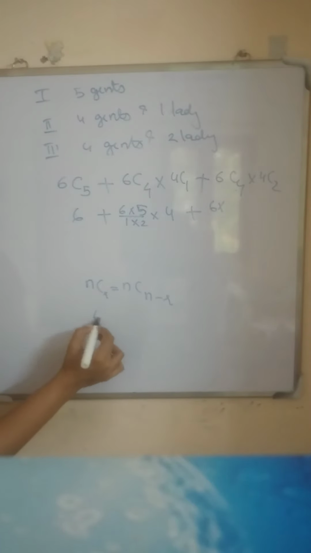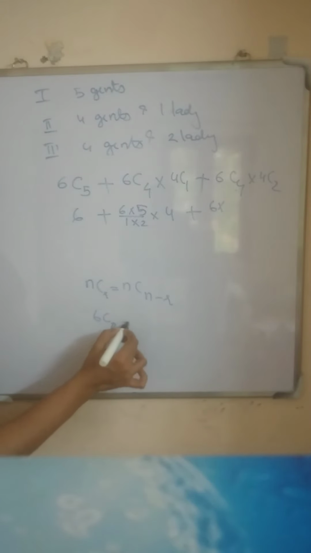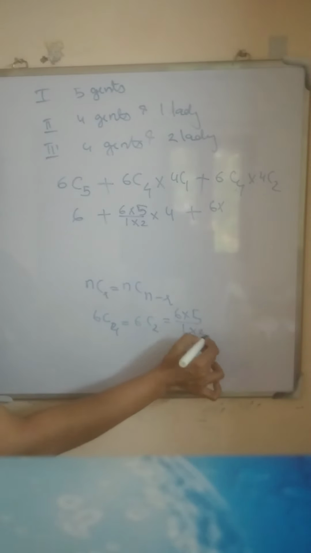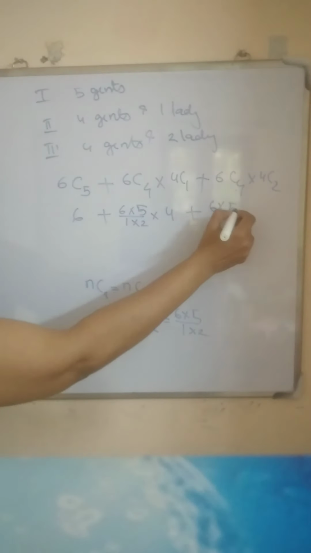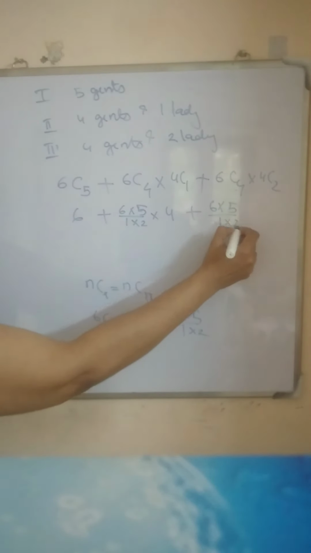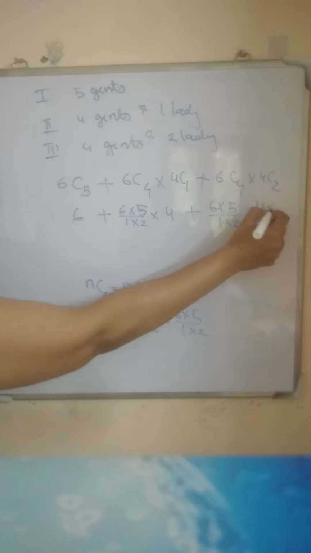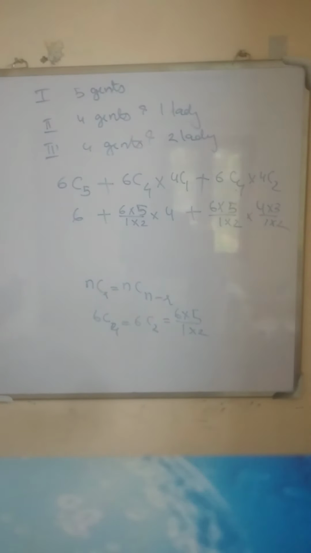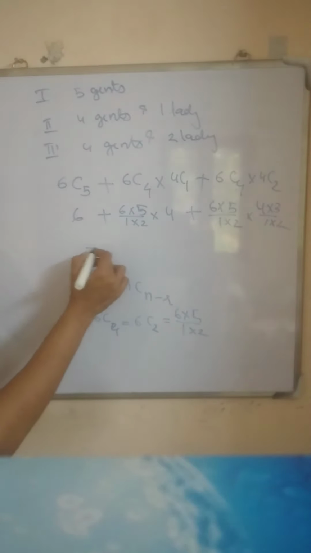So 6C4 is same as 6C2. What is 6C2? 6 into 5 by 1 into 2. So 6 into 5 by 1 into 2 into 4C2, which is 4 into 3 by 1 into 2. After calculation we get the answer as 186. Here also 186.